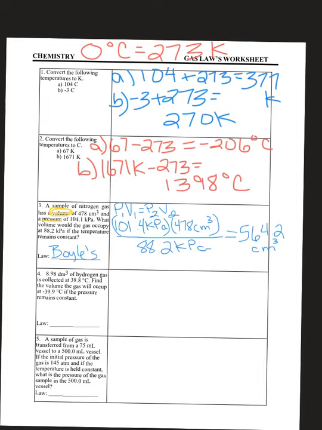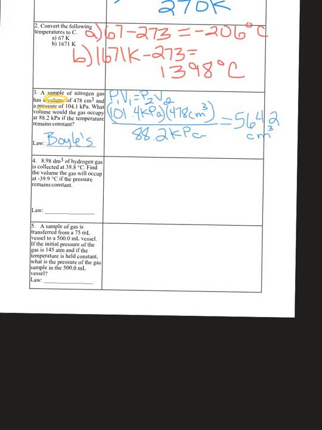Okay, number 4. We have 8.98 decameters cubed of hydrogen gas collected at 38.8 degrees Celsius. Find the volume the gas will occupy at negative 39.9 degrees Celsius if the pressure remains constant. So what are the variables that we have here?